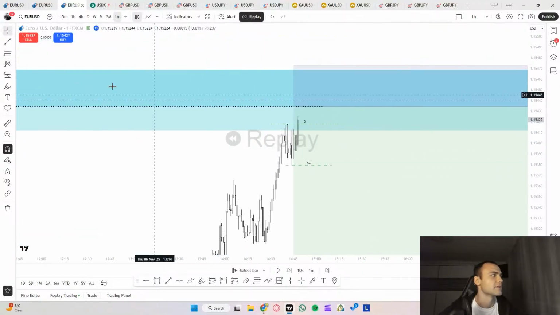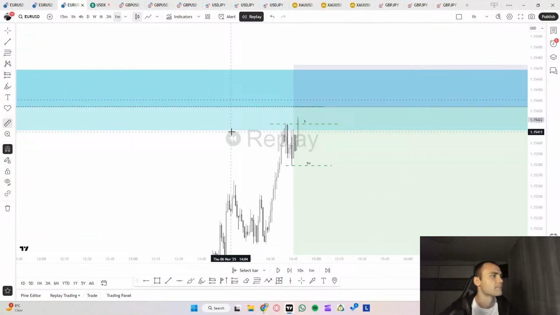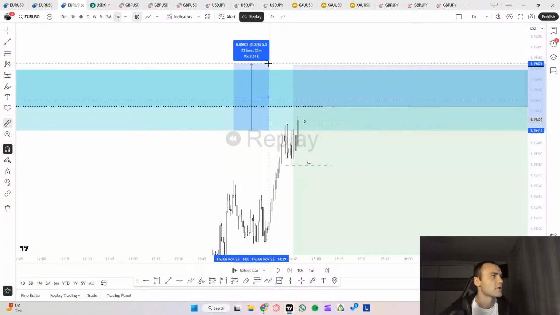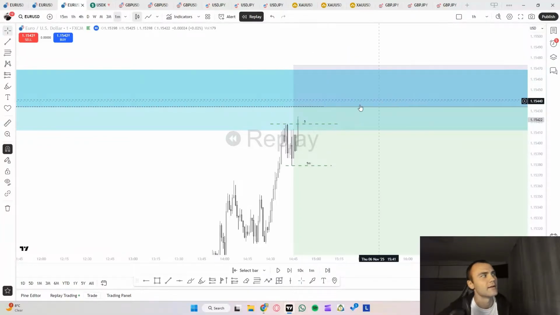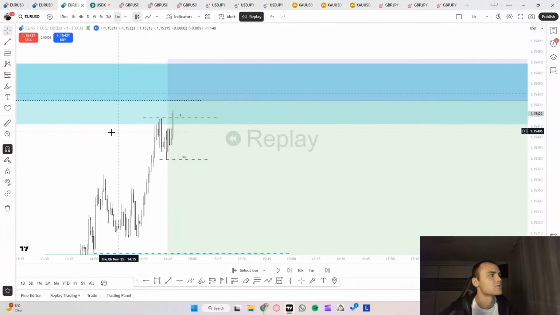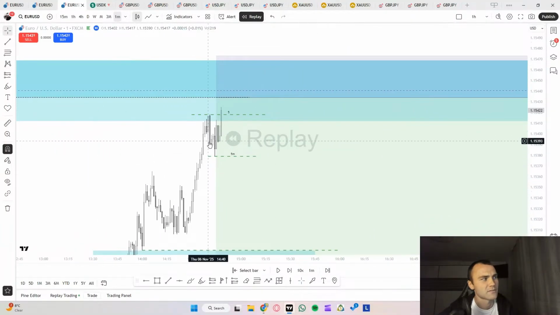The initial risk was 6 pips on the trade, and I got something like 29, less risk, right? Also, the initial trade I planned was somewhere in here.